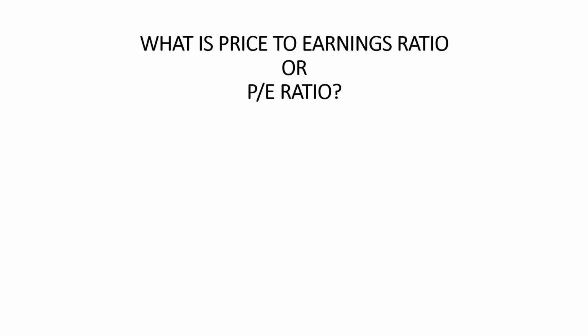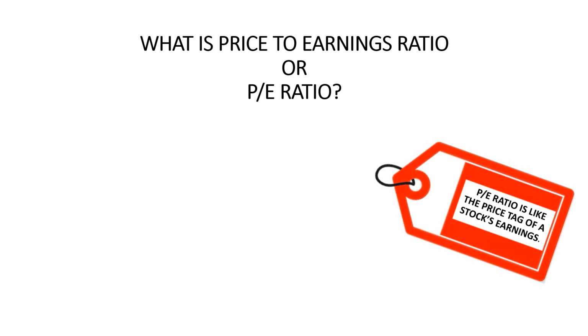So friends, we saw what is price, we saw what is earnings, and we also saw what is ratio. Now let's club all three and see what is the price to earnings ratio, or PE ratio. In short, the PE ratio is like the price tag of a stock's earnings. This is very important, kindly make a note of it.